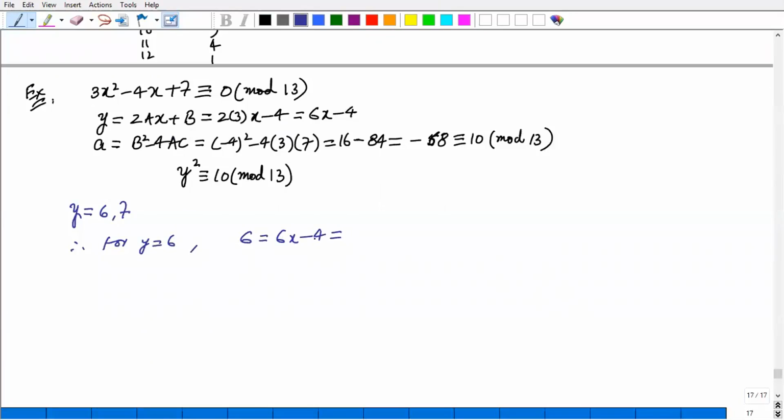It's better to use congruence because it's a congruence. So 6x minus 4 is congruent to 6 modulo 13, and then 6x is congruent to 10 modulo 13.